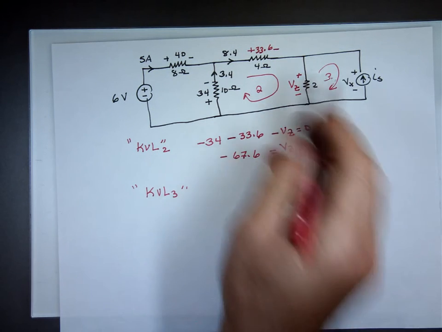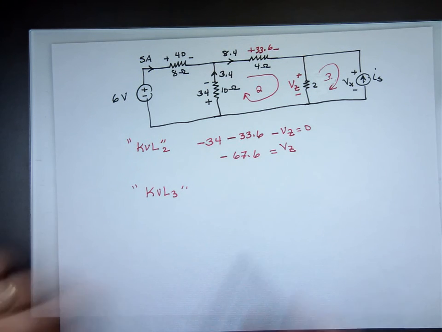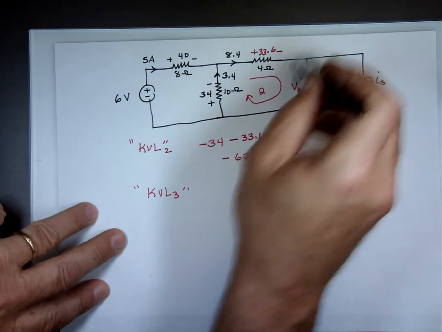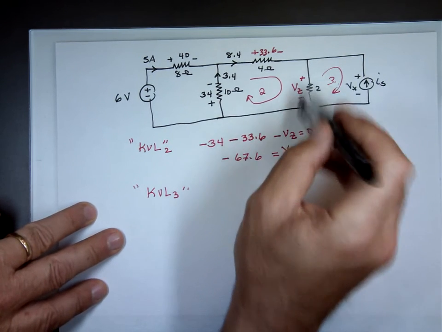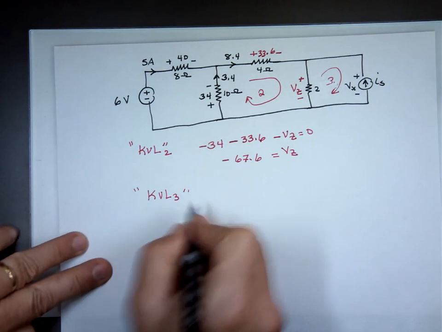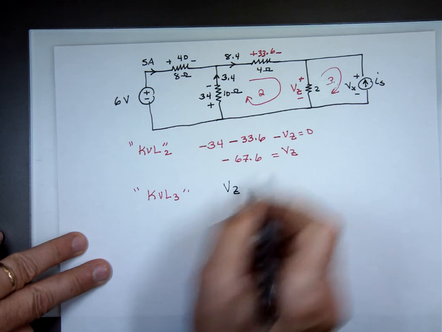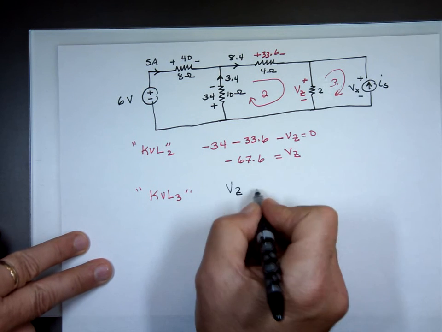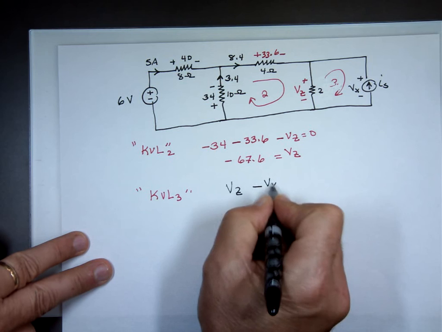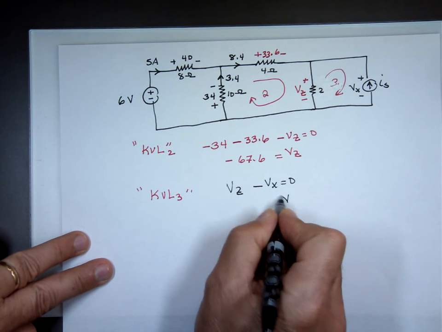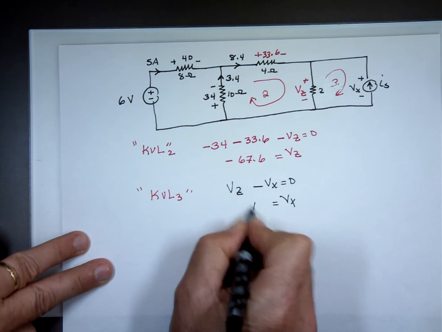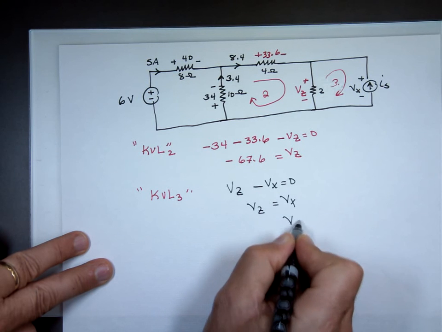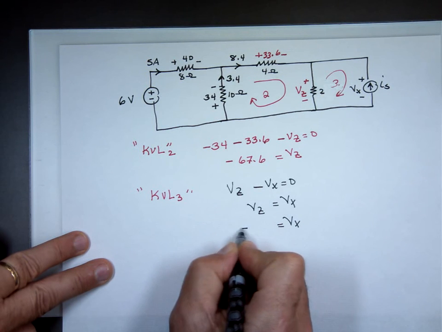There is a closed path. I'm entering the negative of VZ, so that's VZ. I'm entering the plus, that's negative Vx, equal to 0, which tells me Vx equals VZ, which means Vx equals negative 67.6.